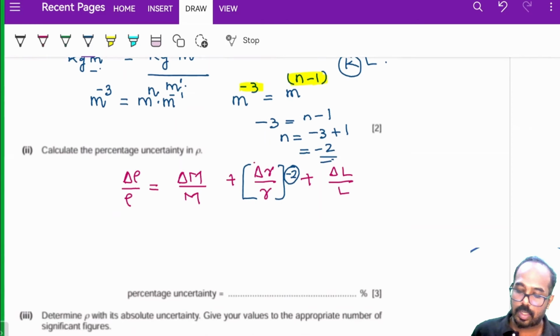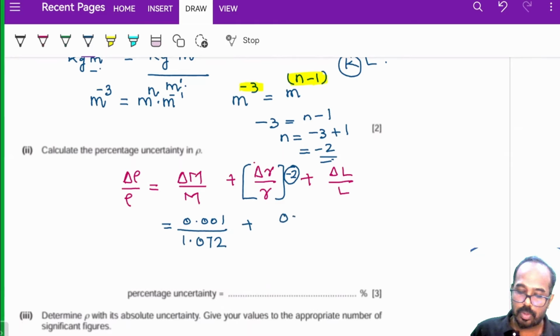But remember one thing importantly, this minus n, you will never subtract uncertainties. It will always get added up, okay? So delta M by M, the values you can write here: 0.001 upon 1.072, that is the average value, plus R.